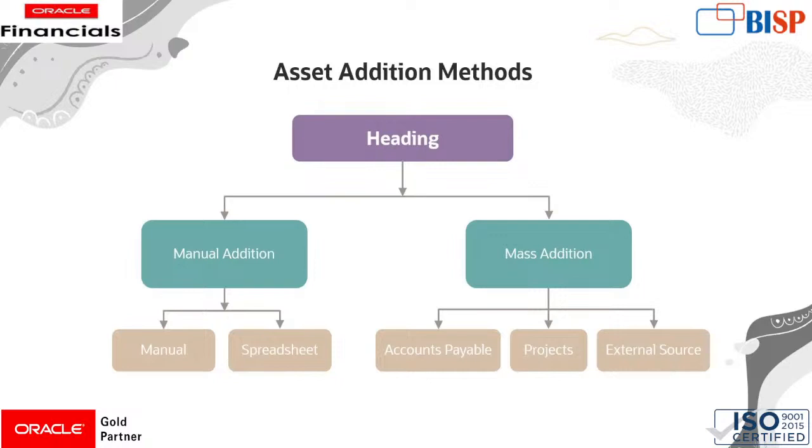We will perform a manual asset addition, and we will also test the mass addition process through accounts payable. In the accounts payable mass addition process, you can enter the asset through accounts payable, through projects, or through an external source system. So this is the asset addition method in Oracle Fusion.